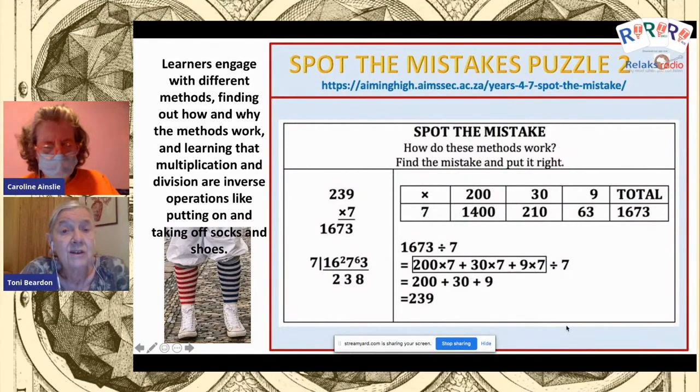One other thing I was going to say is you can use this as a game in the classroom or at home. It's a game where you show one of these puzzles for the first time, and everybody who's playing the game, it's a good idea to play it in pairs, actually, so that 2 people can work together and help each other. Everybody works really hard to discover how the methods work and to find the mistake and put it right.